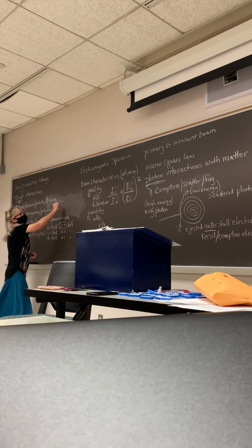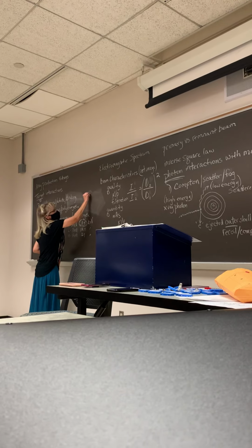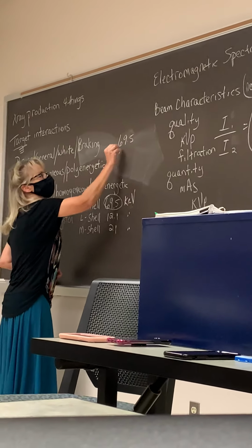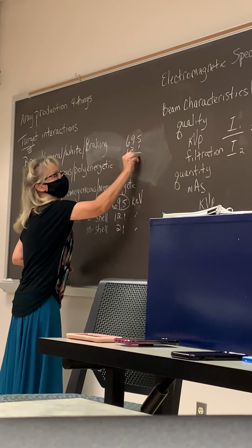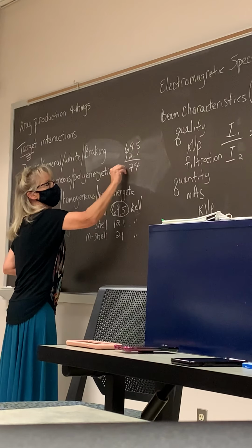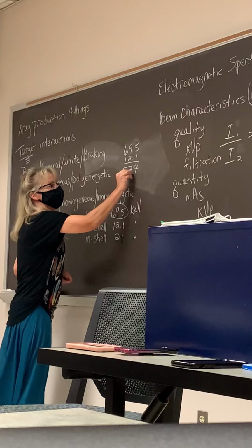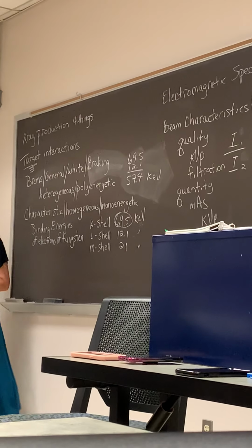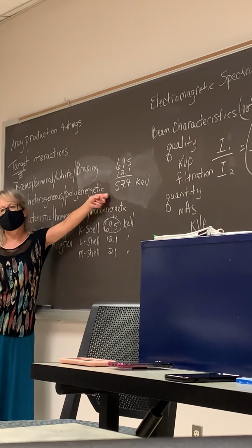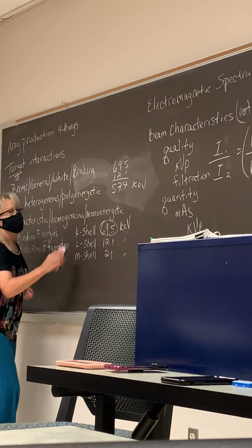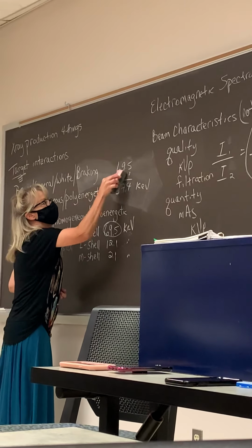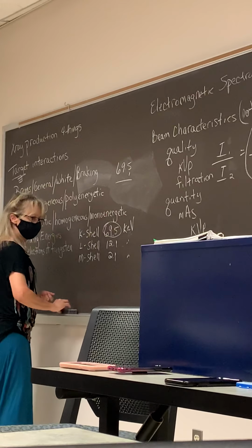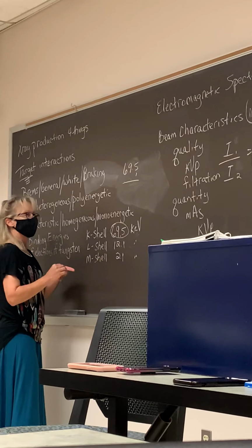Okay, so if we start with 69.5 for the K shell, and let's say the L shell fills in. That's 57.4 keV. That's how much energy that photon has. Okay? So let's say the M shell fills in.